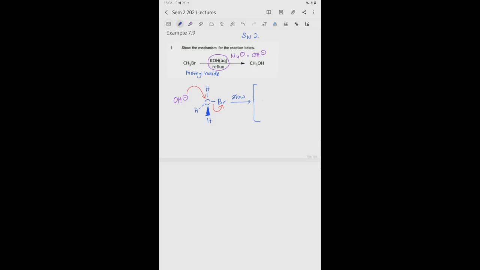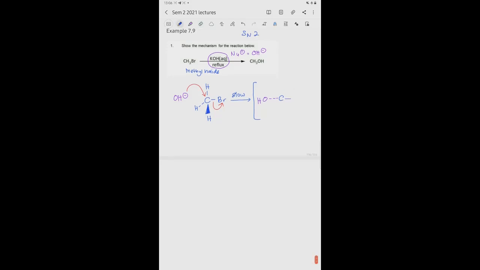What will be formed? It will form a temporary bond with the carbon. The carbon will form temporary bonds with the OH and also with the Br, because the carbon has to choose now which one it wants, whether it wants the Br or the OH. So it forms temporary bonds, and it becomes like this.